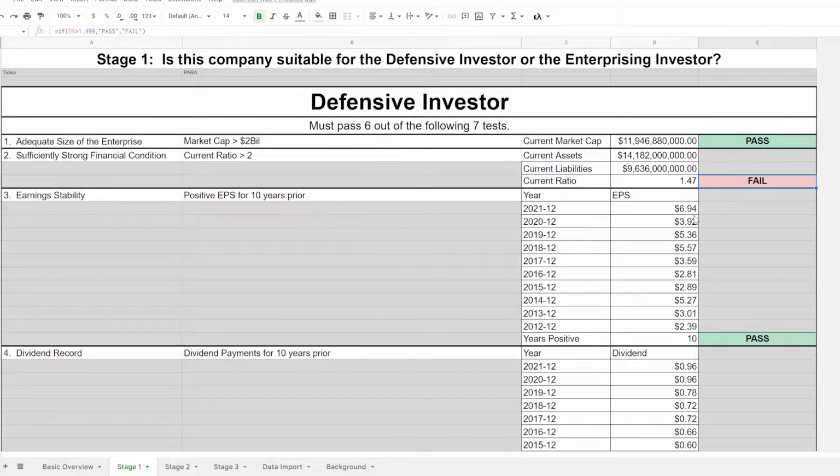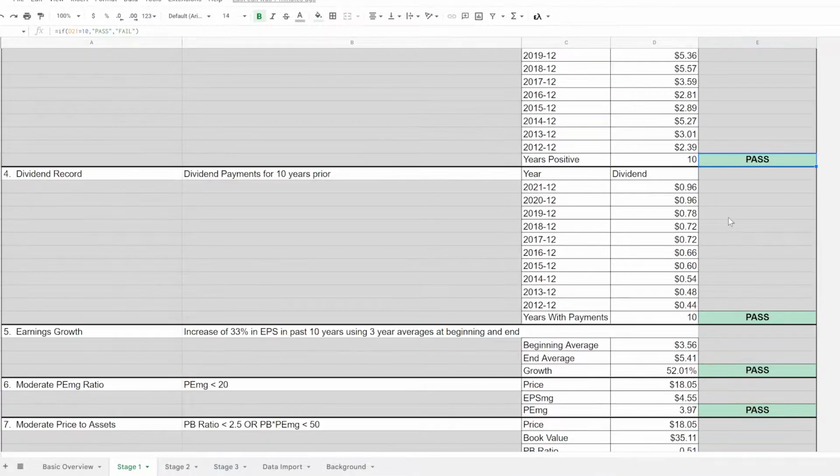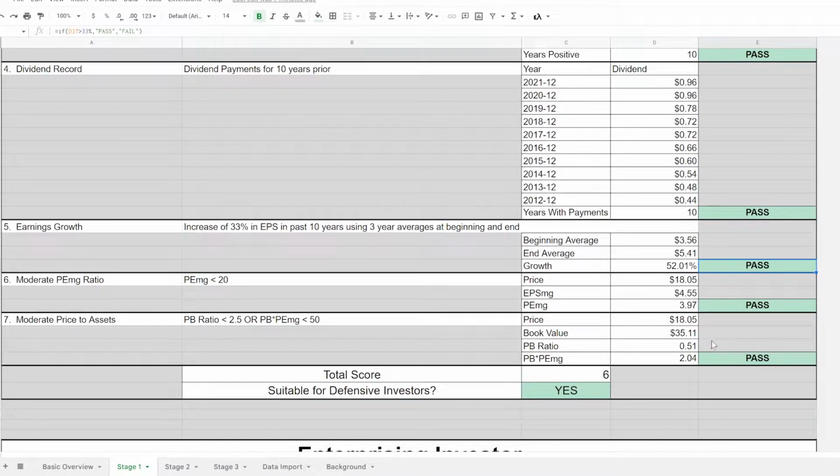Earnings stability, it has had earnings positive for over 10 years, so we pass that test. Dividend payments, it requires 10 years of dividend payments. It passes that test. Earnings growth, earnings have grown by 52% over the last 10 years using 3-year averages at the beginning and end, so it passes that requirement.